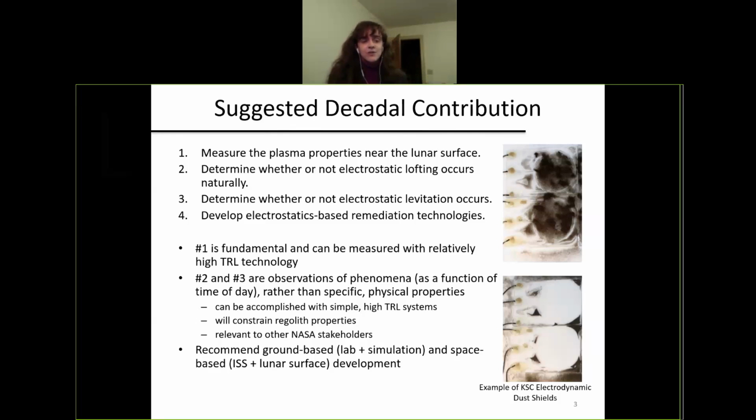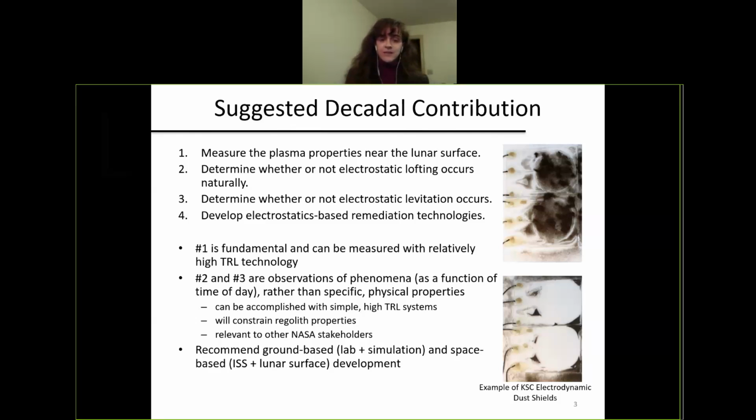The next two science objectives are concerned again with understanding, or at least constraining, whether these phenomena of electrostatic lofting and levitation actually occur in situ naturally or are motivated by the presence of a spacecraft or an astronaut on the lunar surface. And finally, we encourage the continued development of electrostatics-based remediation technologies.